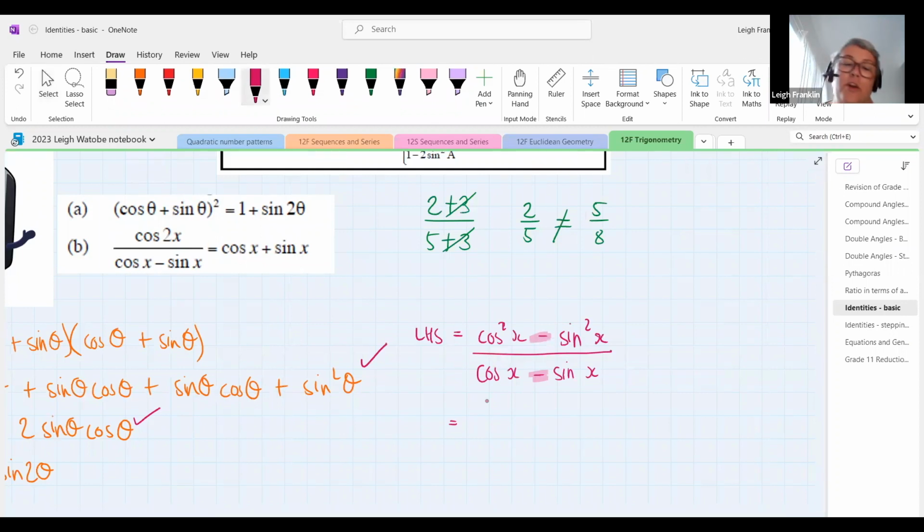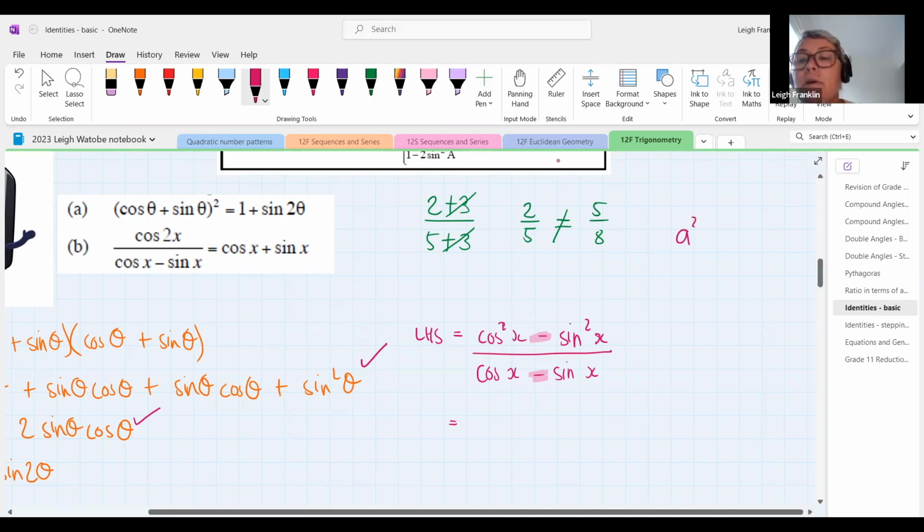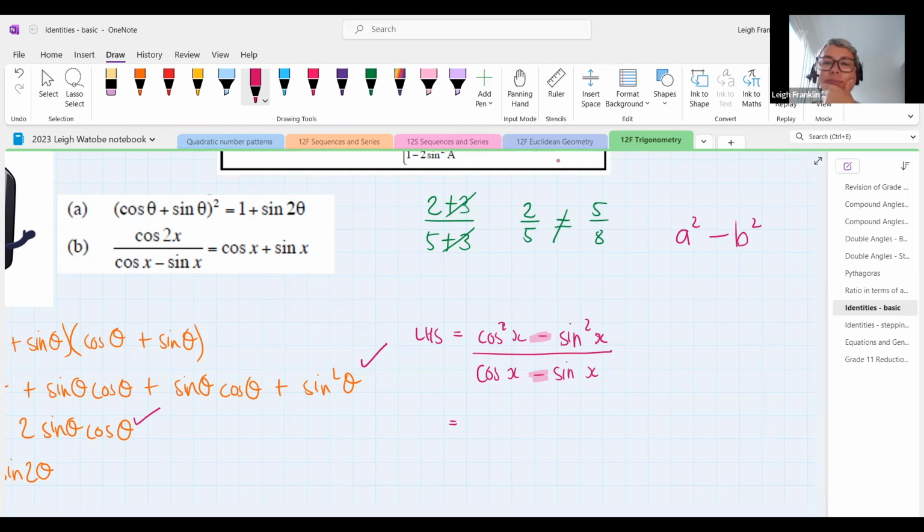What are you looking at there in the numerator? What sort of factorizing is that? Any idea? Okay, how about if I wrote this? What if I wrote, what sort of factorizing is that? Do you recognize that? Yes, so if I wanted to factorize a squared minus b squared, I'm not going to take out a negative, Nadia, although that is a good suggestion.